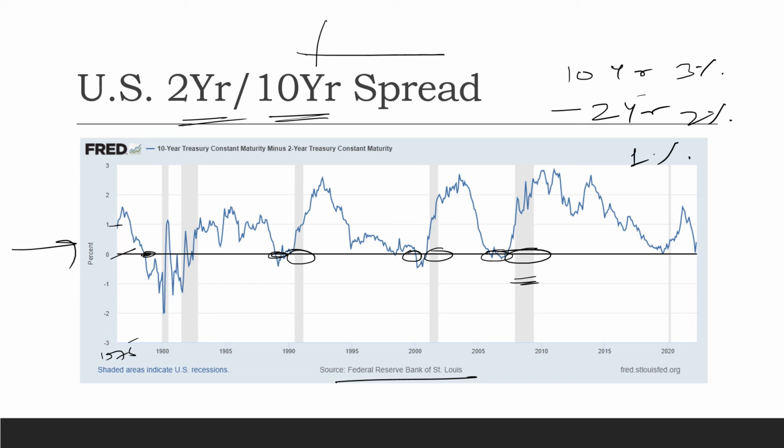But the idea is that when the cost of borrowing for United States Treasury in the long run becomes almost the same as in the short run, the bond markets are essentially saying that investing in US Treasury in the long run is perhaps the safest investment they can find.